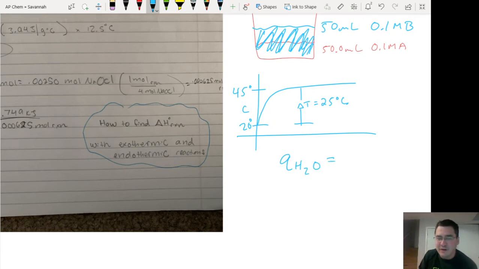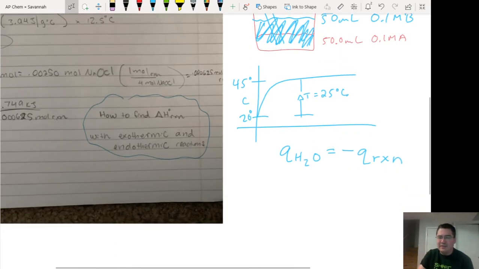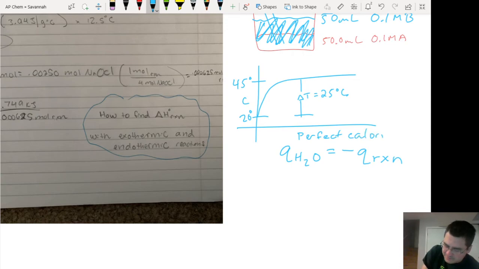It's easy for us to stick a thermometer into this cup, but it's hard for us to measure what's happening with individual chemicals and molecules. So the nice thing about that is this is always true for an energy balance, assuming you have a perfect calorimeter. Okay. So why is it negative?